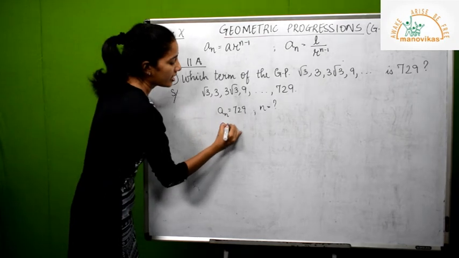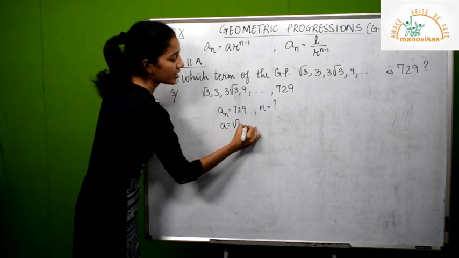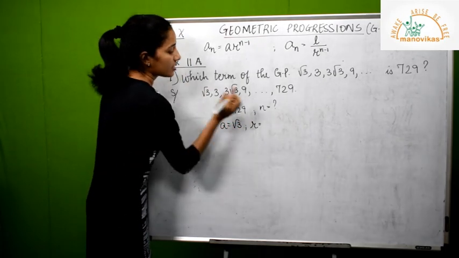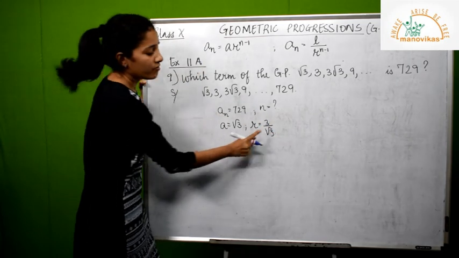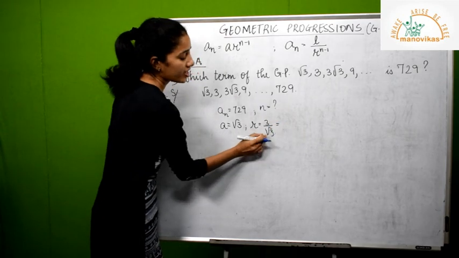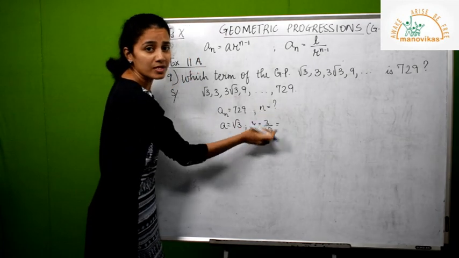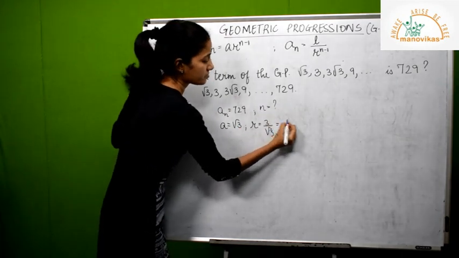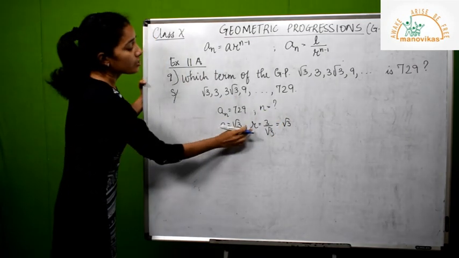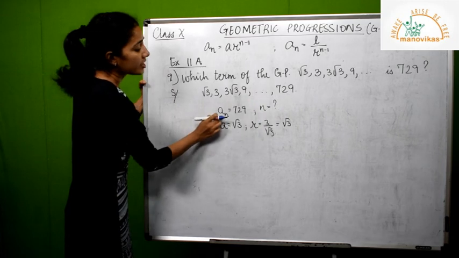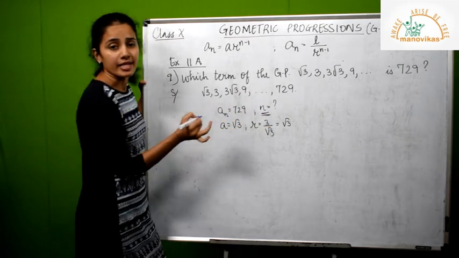We know a is equal to root 3, and we know r is the second term divided by the first term, which on rationalizing, when you rationalize this, root 3 will be multiplied both ways to give you root 3 as the answer. Now using the nth term formula, let us calculate n.